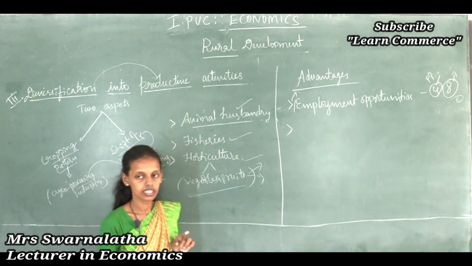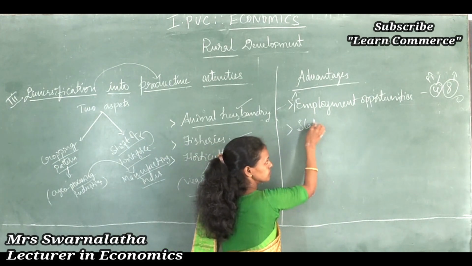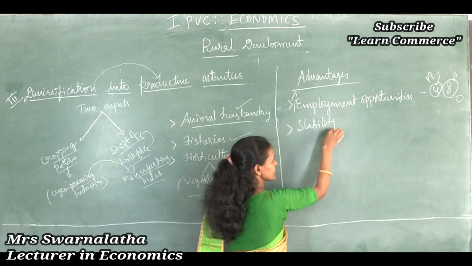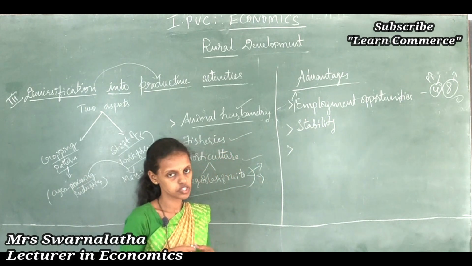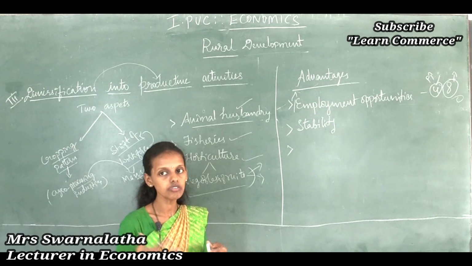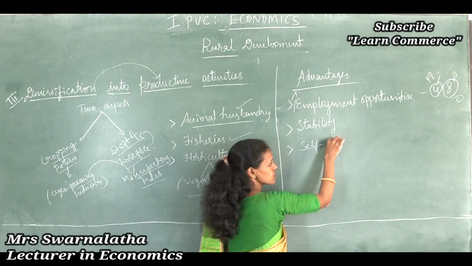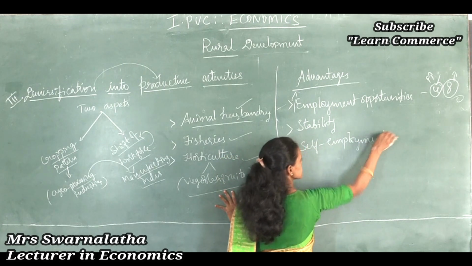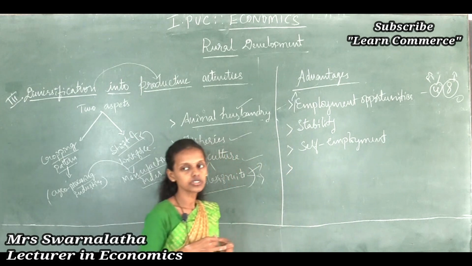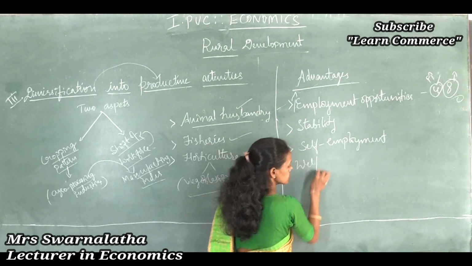The second main aim is increasing the stability. Stability of individuals, stability of farmers, stability of producers. Now it will give importance to self-employment. Self-employment increased. Then we are going to see even the welfare of the people increased.